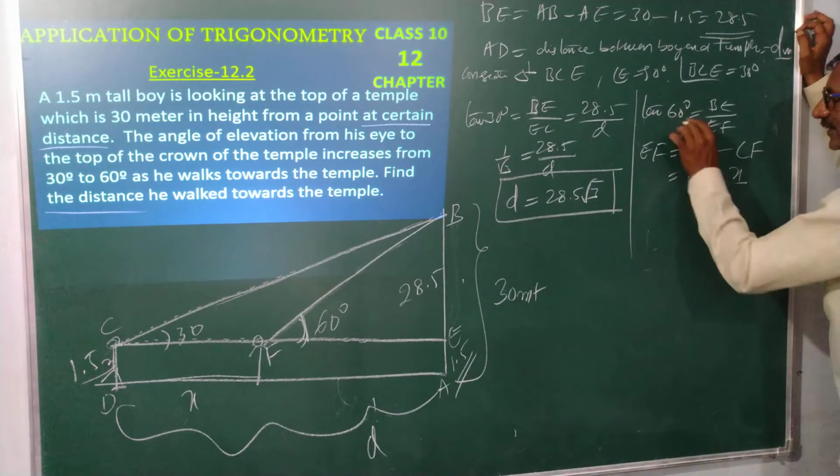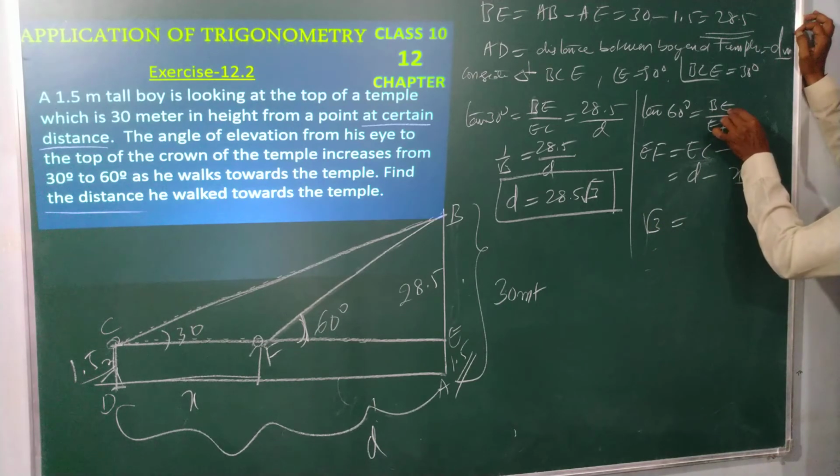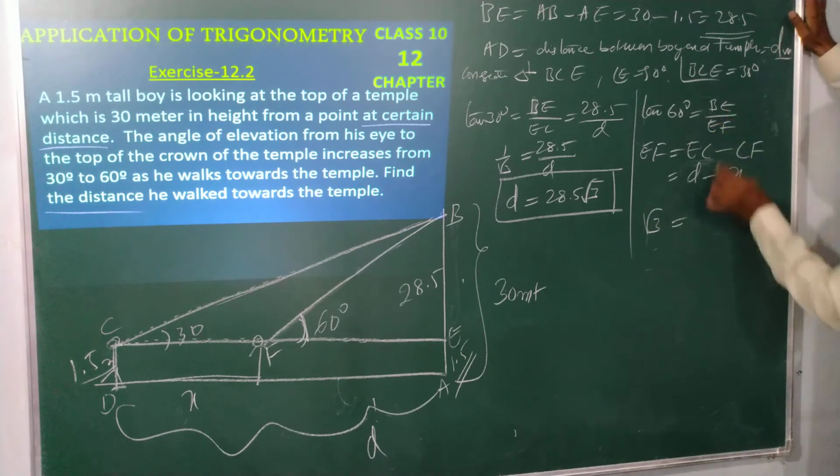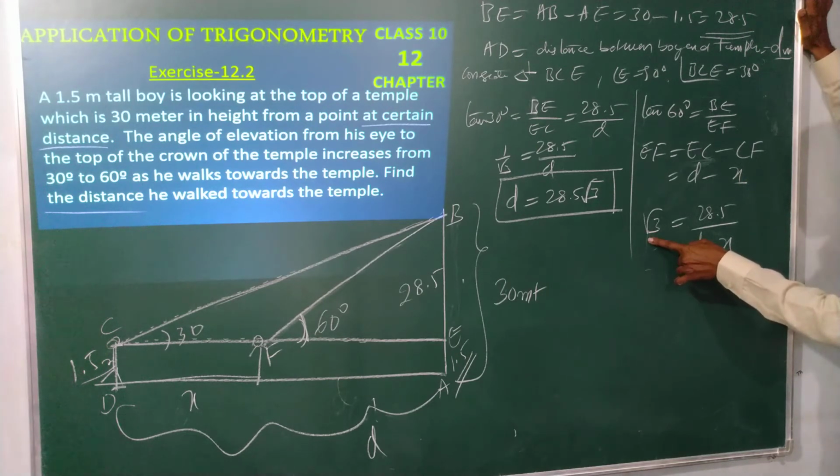Now write it down: tan 60 degrees, which is root 3, is equal to BE, which is 28.5, divided by D minus X. Dividing goes to the other side as multiplication.